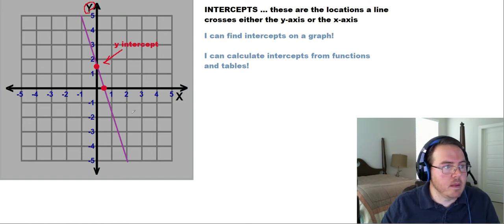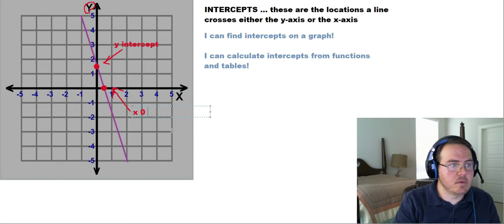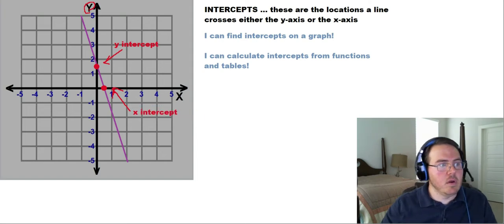Yep. This spot right here, which I'm so expertly drawing, is called the x-intercept. That's where the function crosses the x-axis.